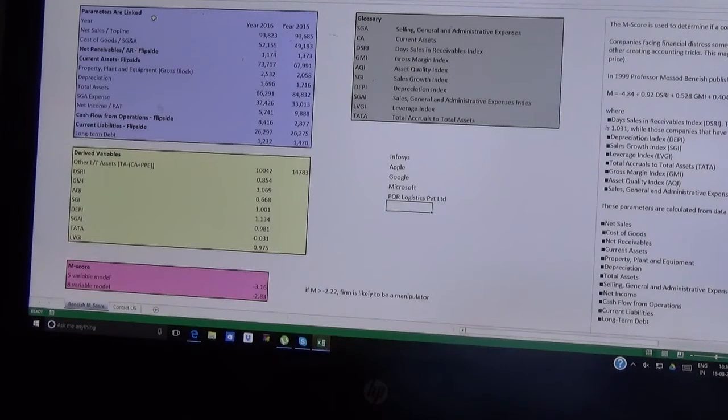Second comes current assets. There is a problem in current assets. If you look at any balance sheet, you will get to know that assets are predominantly current assets, non-current assets, and then you have a total. If you look at the liability side, you would have current liabilities, non-current liabilities, and so on.